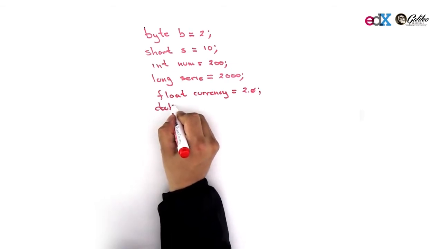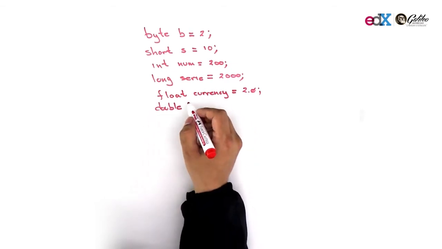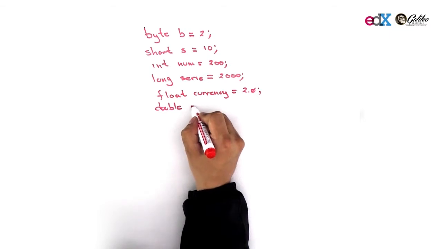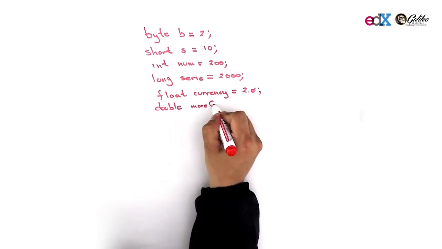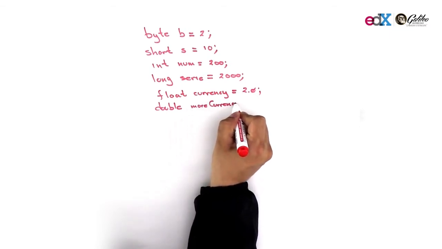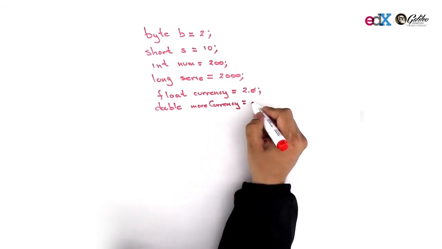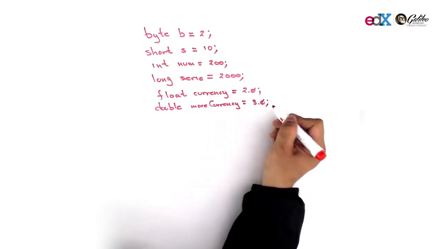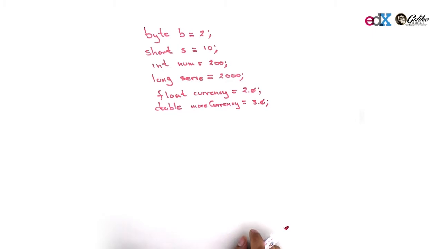The next one is double. More currency equals 3.0. You have to use a point to indicate that these are floating point values.